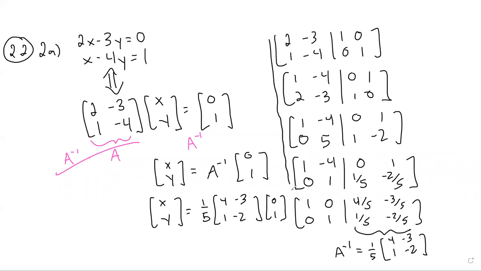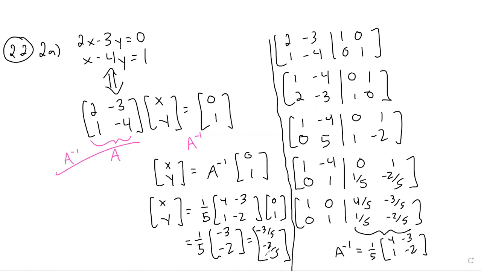Just create a little divider here. And 1/5 times, do this multiplication, I should get -3 and -2. So xy is -3/5 and -2/5.